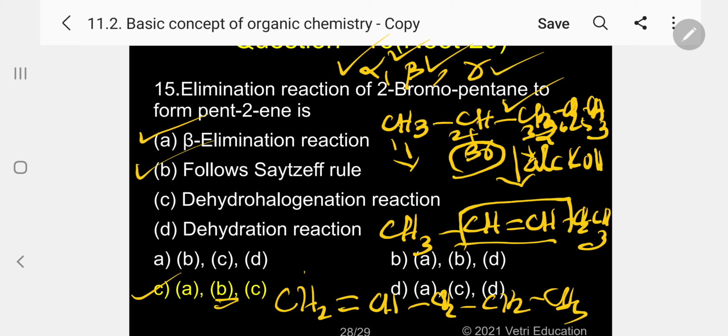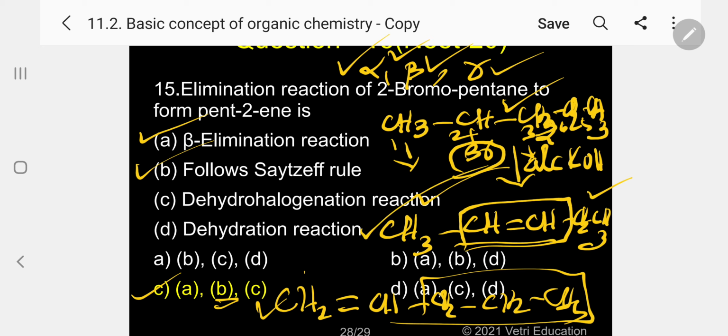In this double bond, there is an ethyl group and a methyl group, two substituents, highly substituted. In the other possibility, only one substituent is present. So Saytzeff rule gives priority to this one. According to Saytzeff rule, 2-pentene is the product. So it follows Saytzeff rule. B. Then C.